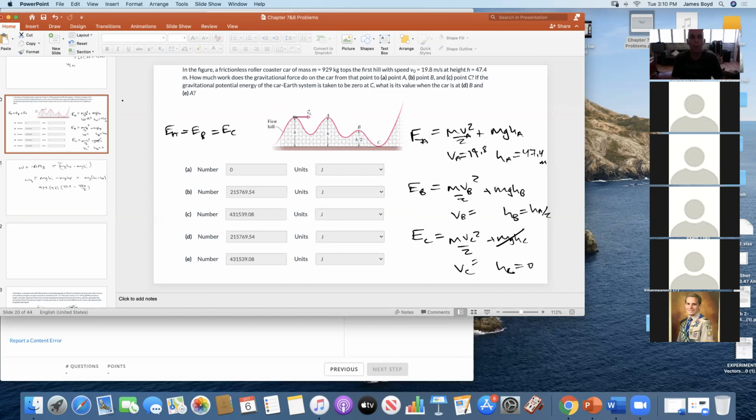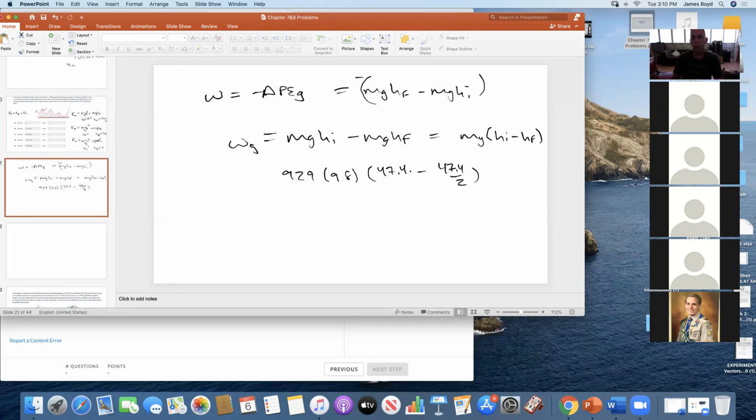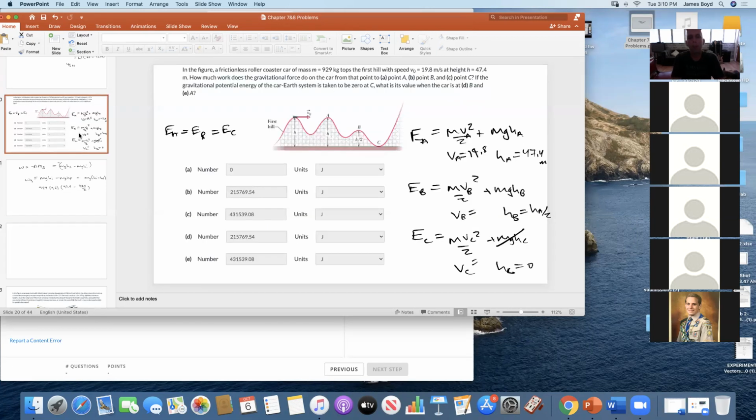And then from the first point to C, it's actually dropping all the way to H, which is double B. Because this would be H, it would be 47.4 minus 0. So it's just double what we got for this answer. Now, it says if the gravitational potential energy is taken to be 0, what is the value at B and at A?